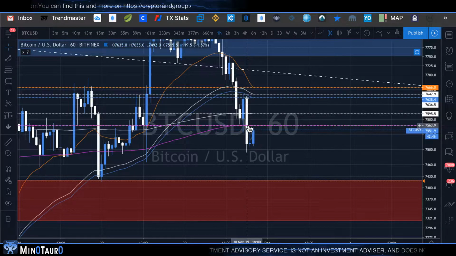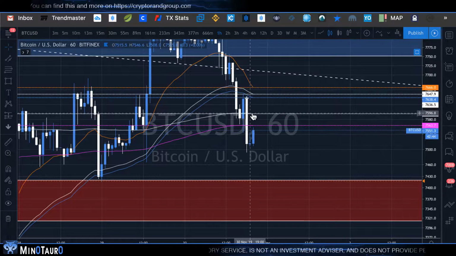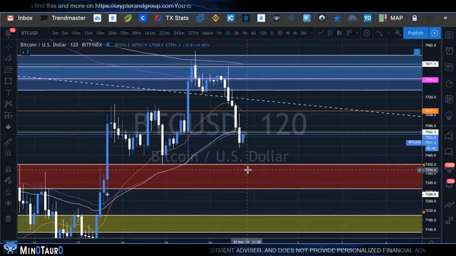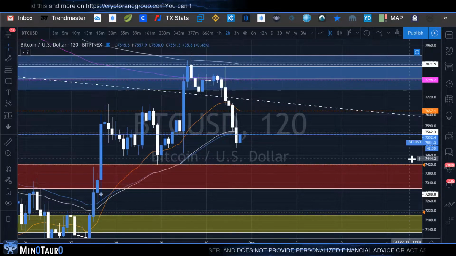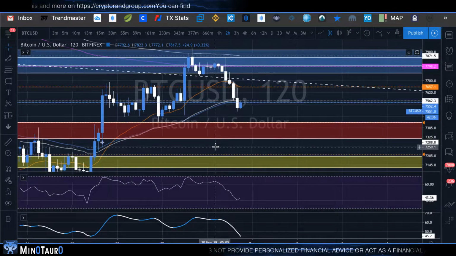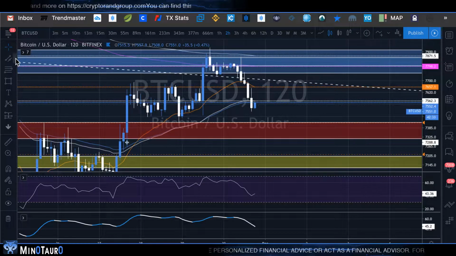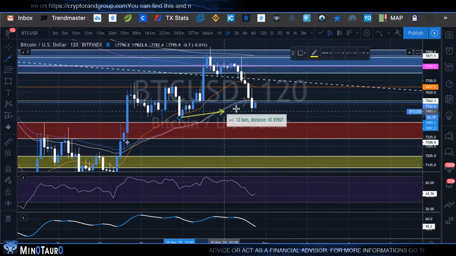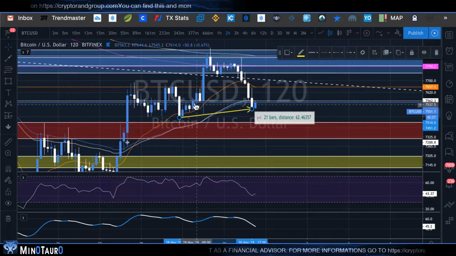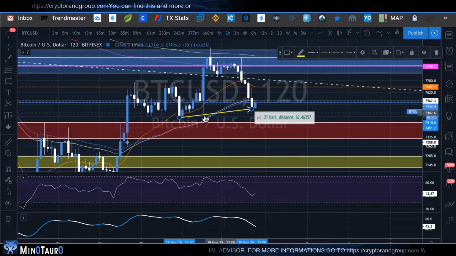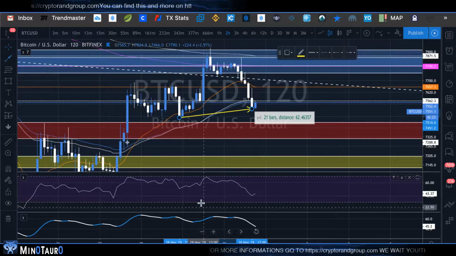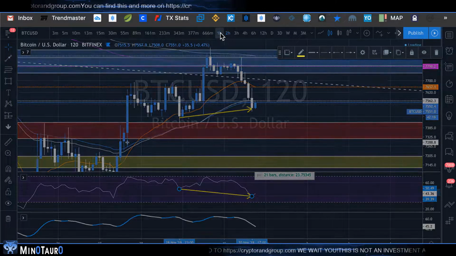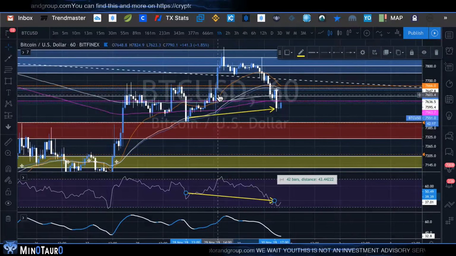Anyway, a close under 200 or 233 is never a good sign, so probably we can go down and retest the red zone. Anyway, there is hidden bullish divergence. You can see, even if I don't like this, there is hidden bullish divergence in multiple time frames. It is on the 1 hour probably.